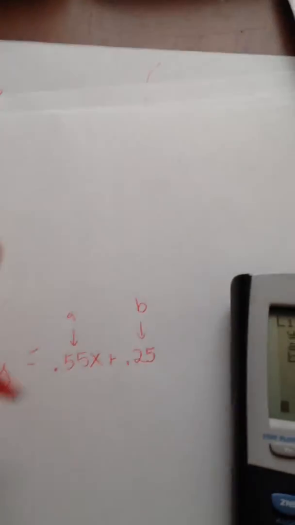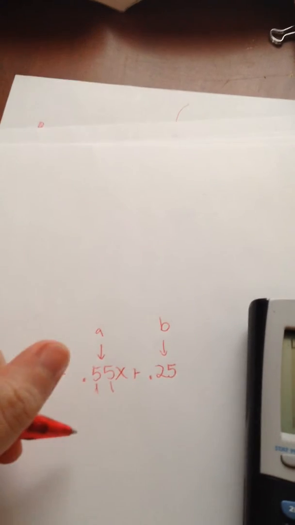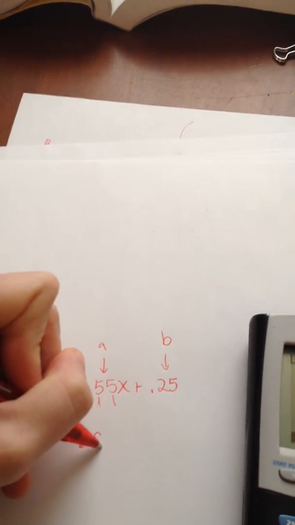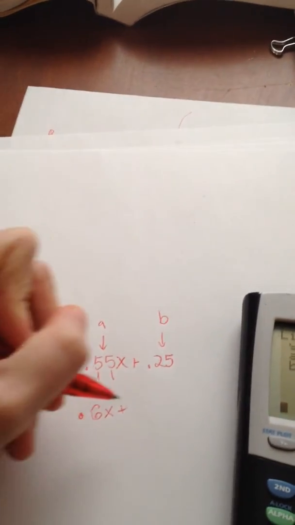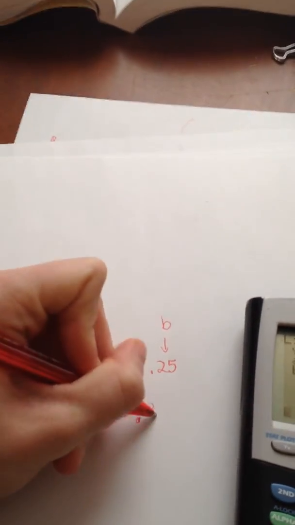If you're looking at these numbers, this is the tenths place, this is the hundredths place. So if you're rounding to the nearest tenth, you want to round this number to 0.6x plus, for 0.25, you're rounding that to the nearest tenth. So that's going to be 0.3.